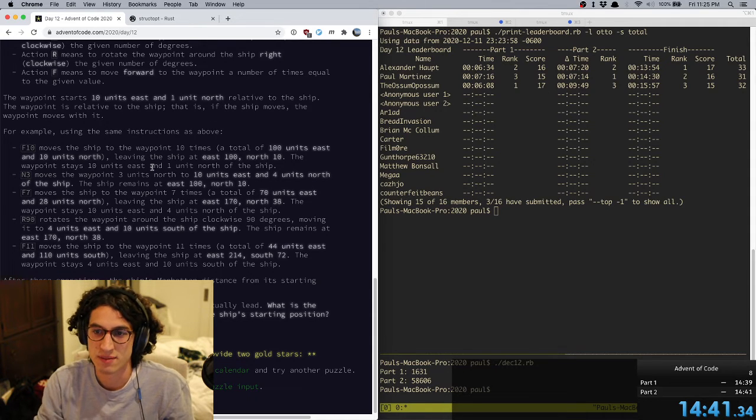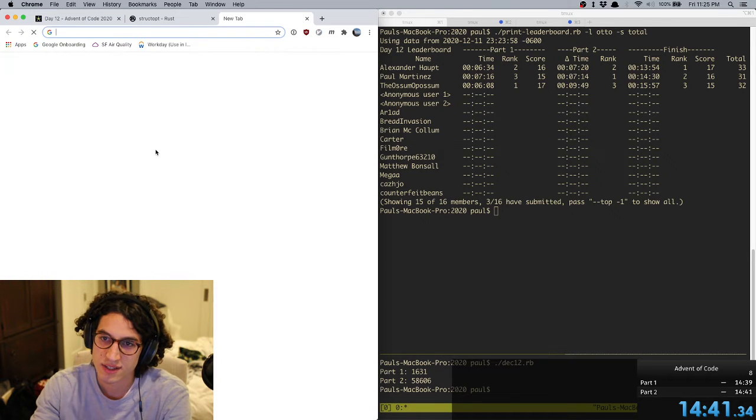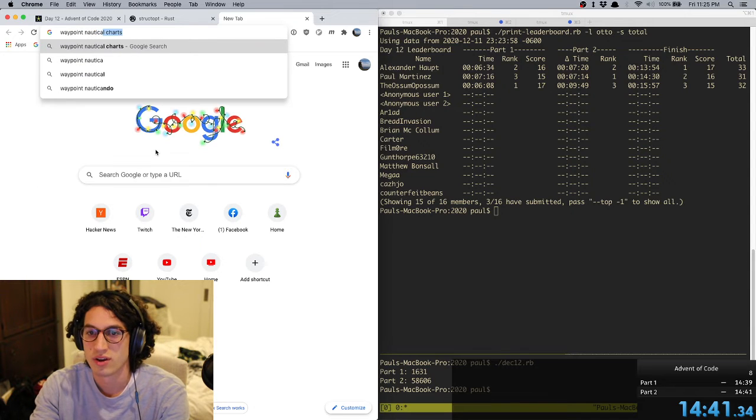So I spent some time fiddling with that. Because I don't really know what a waypoint is. I wonder if that's a standard nautical term.